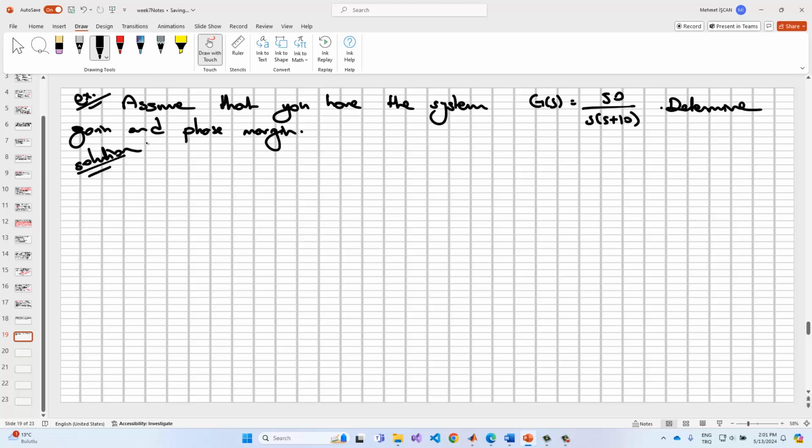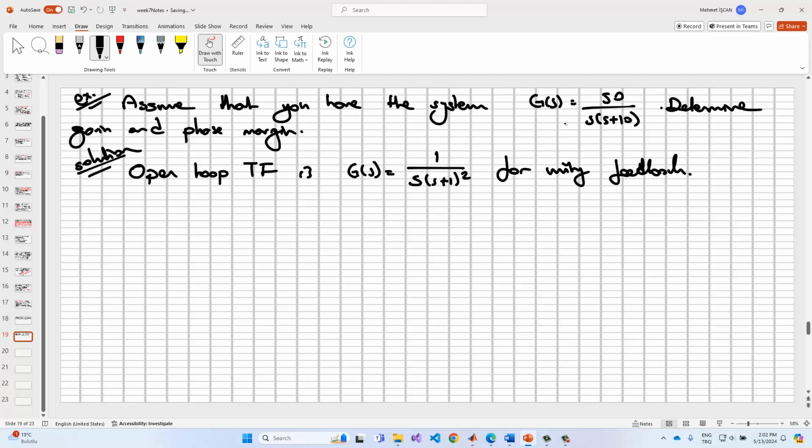So first of all, we must start with the open loop TF, G(s), equals 1 divided by (s plus 1) squared for unity feedback.